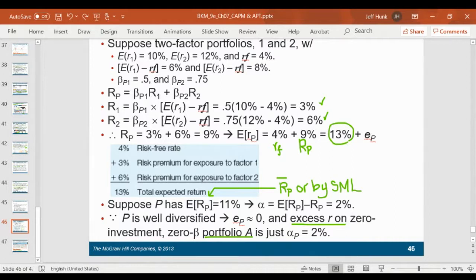But we know how to calculate return, right? Monthly return is price at time t minus price at time t minus one, divided by price at time t minus one.